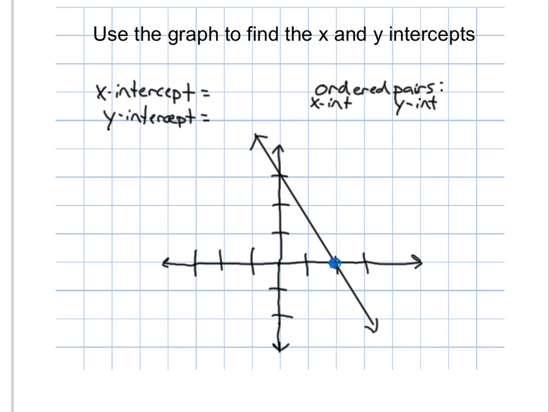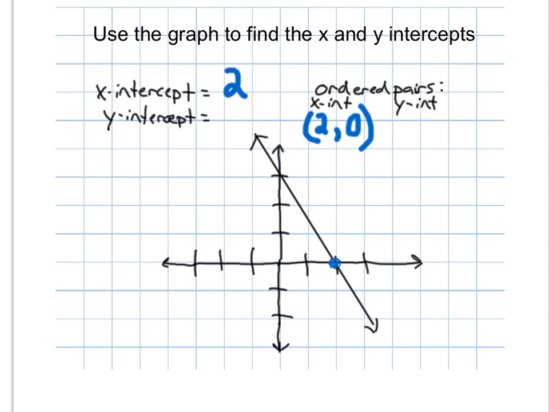That's where it crosses the x-axis. So we can write this one two ways. The x-intercept is 2. Or we can write it as an ordered pair, where the x value is wherever it crosses the line, so 2, and the y value is 0. We can write it either of those two ways.